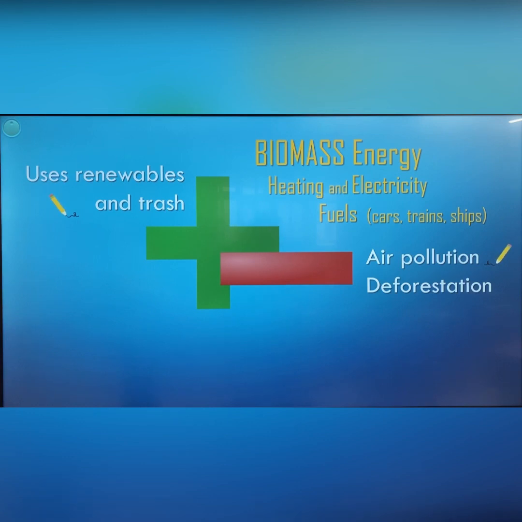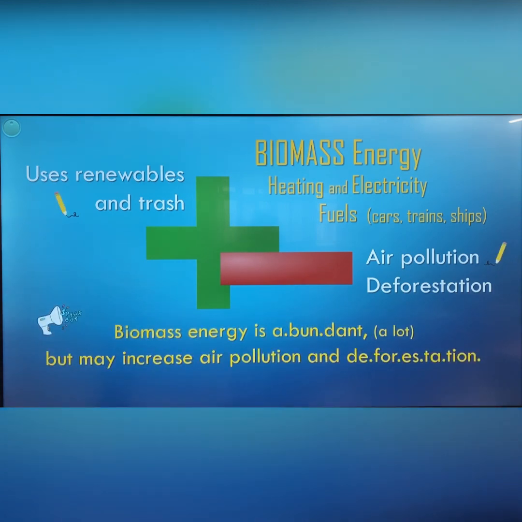The second is deforestation. Because biomass energy needs trees, a lot of countries are cutting down their forests to produce biomass energy. So of course, the elimination of trees may cause other problems on Earth.